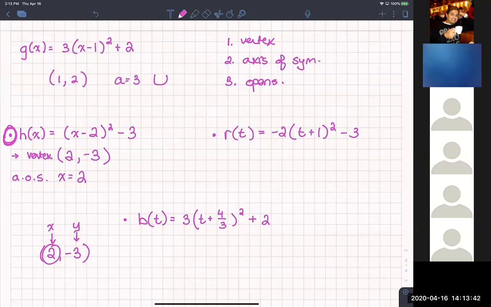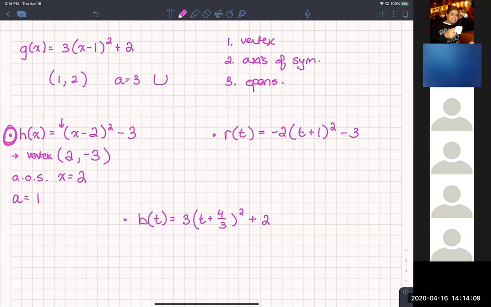Now, which way does it open? What is a here? What is my leading coefficient? What is the understood number when we don't have a number? 1. Is it positive or negative?